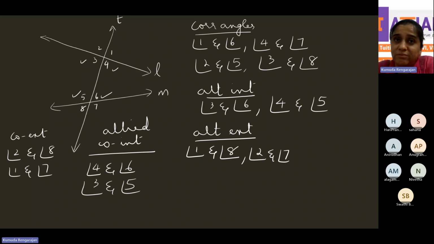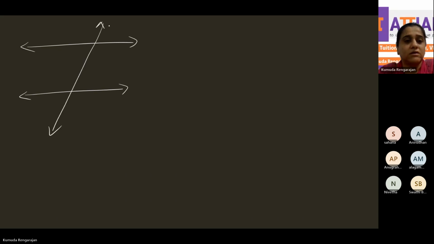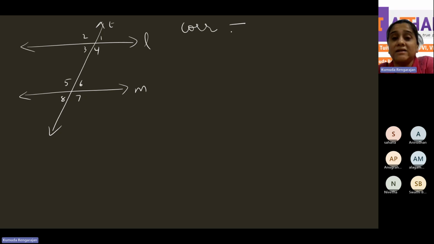Now this is the case where the lines are not parallel. They are simply two lines intersected by a transversal. Now, if the two lines are parallel, then the corresponding angles are equal.